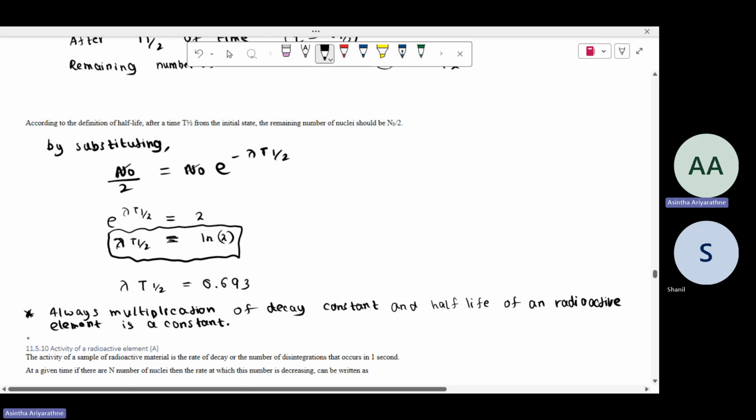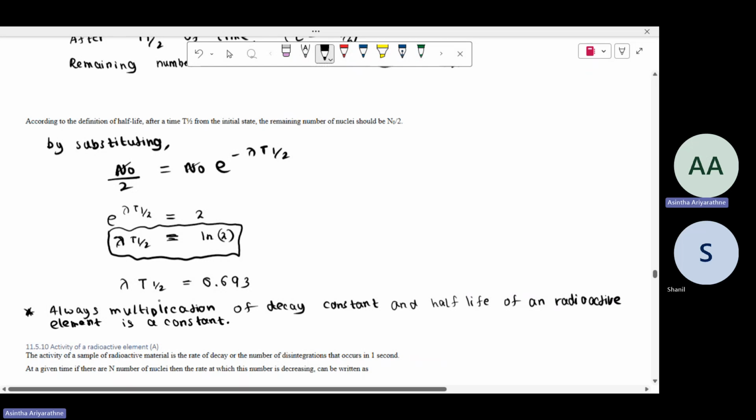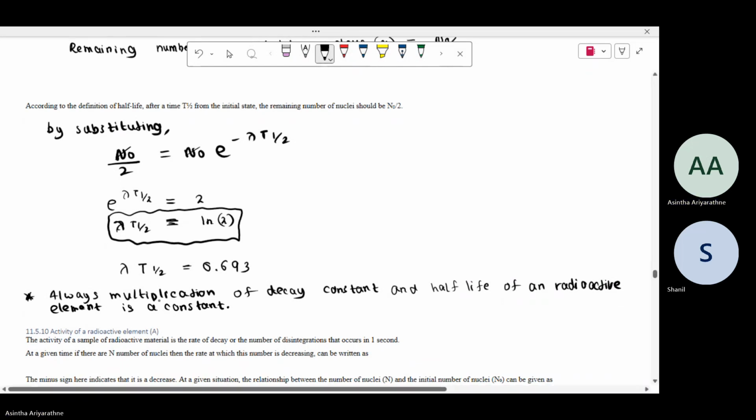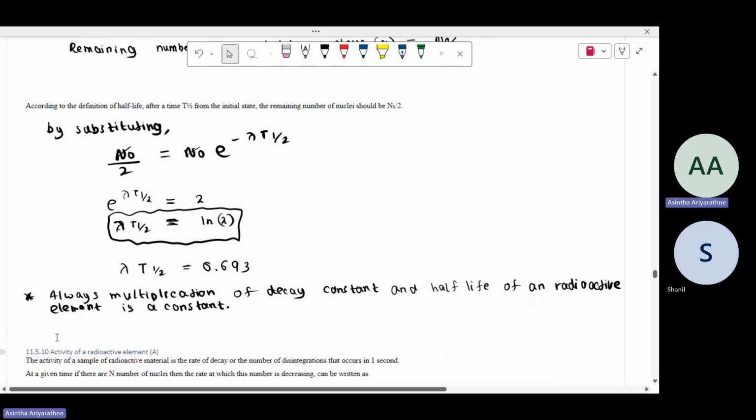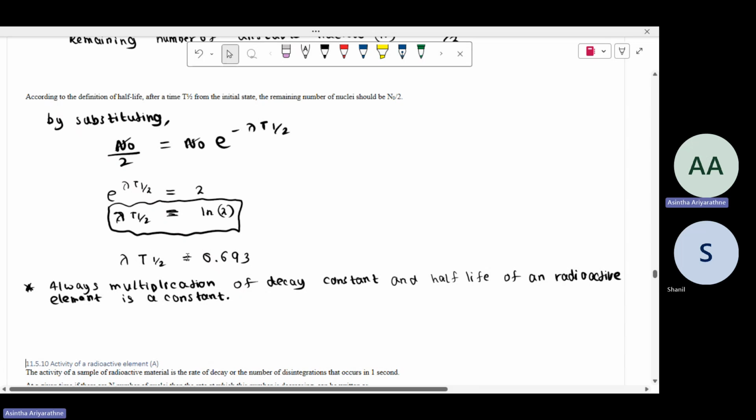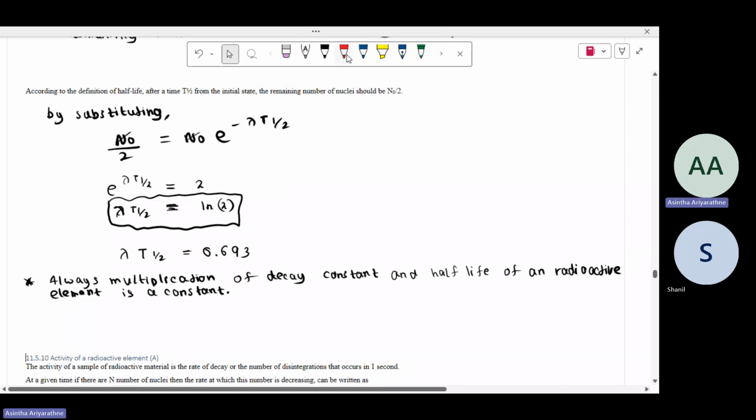So another important thing is that this half-life is also a constant for a given radioactive element. Right? So, for example, if we consider uranium, the half-life is constant. If we consider, let's say, the carbon-14 isotope, then the half-life of that radioactive element is constant. So depending on the radioactive element, the value of half-life is constant.